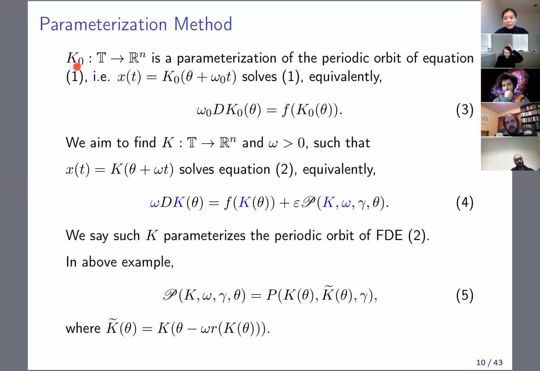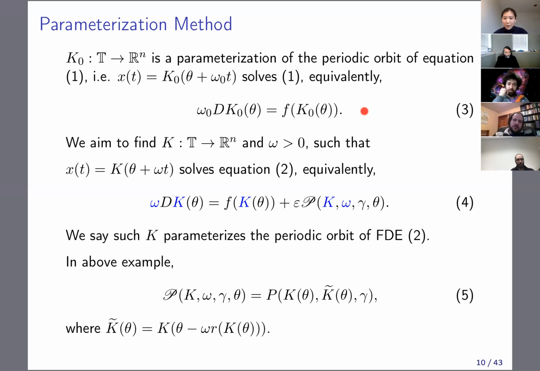This is equivalent to saying that for any fixed theta, the expression k of theta plus omega 0 t solves the unperturbed equation, and this omega 0 is the frequency of the periodic orbit.